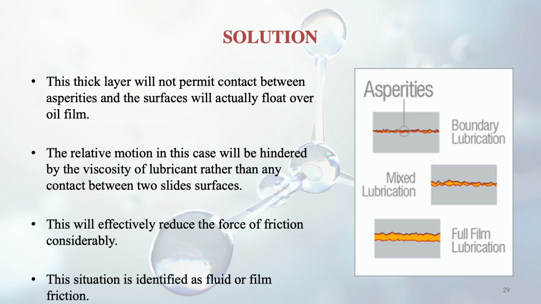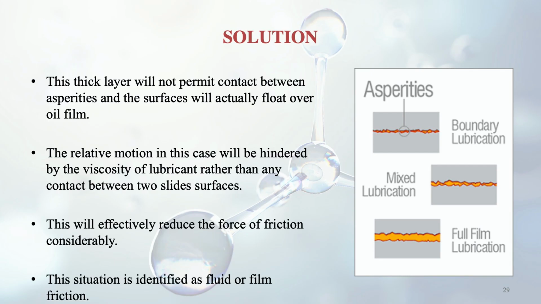So in the figure also you can see how the asperities are there between the two surfaces. Then there is the boundary lubrication, where the thickness of the oil film is less, whereas in the case of fluid film lubrication, the thickness of the lubricant layer is more.